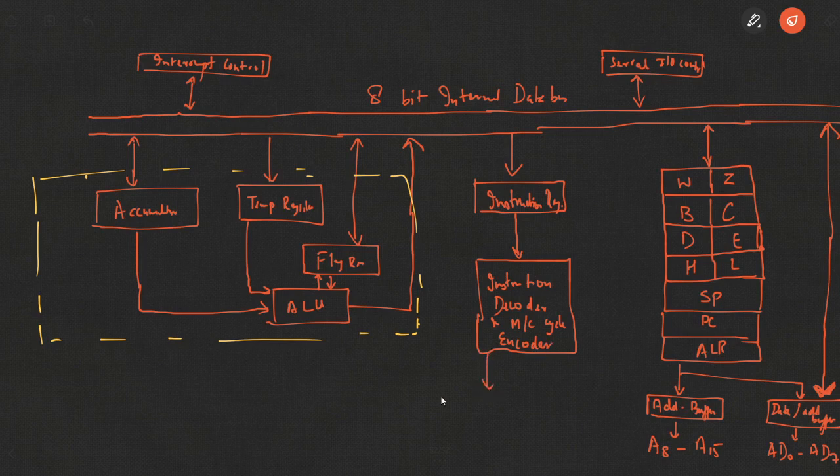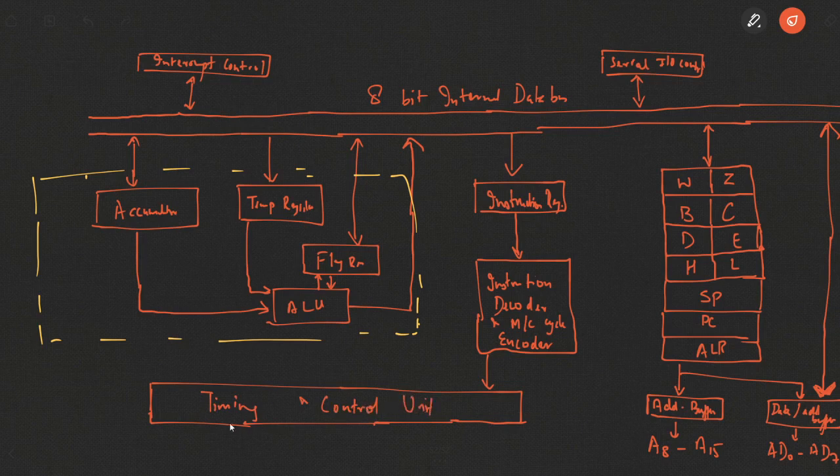And once the instruction register operates, it will set the timing and control unit into action, or rather it will be interfaced with the timing and control unit, and it will set the status of various signals of the microprocessor.